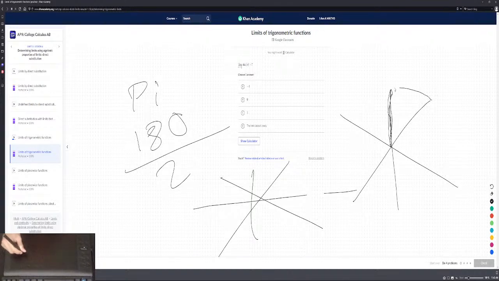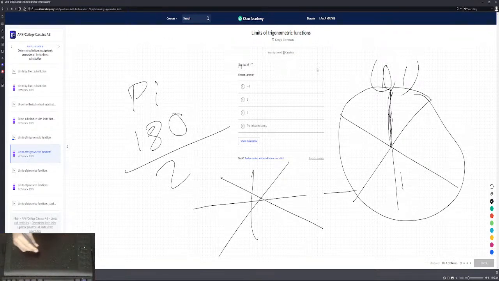The unit circle's radius is 1. So this point would be 0, 1. And then sine is the y value of the point, and cosine is the x value of the point. So the answer would be 1.